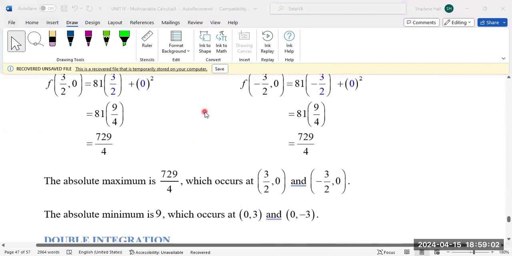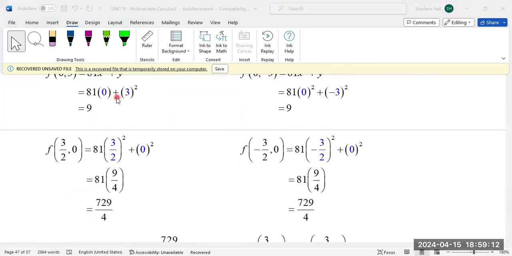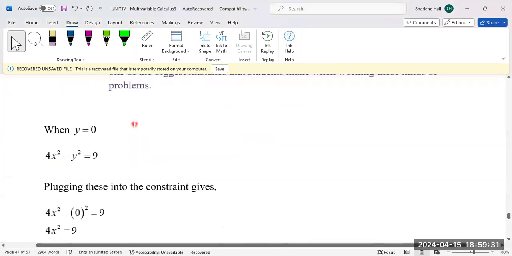Now, if you look at it here, based on the values here, this is bigger than the 9. Let me just point out something.